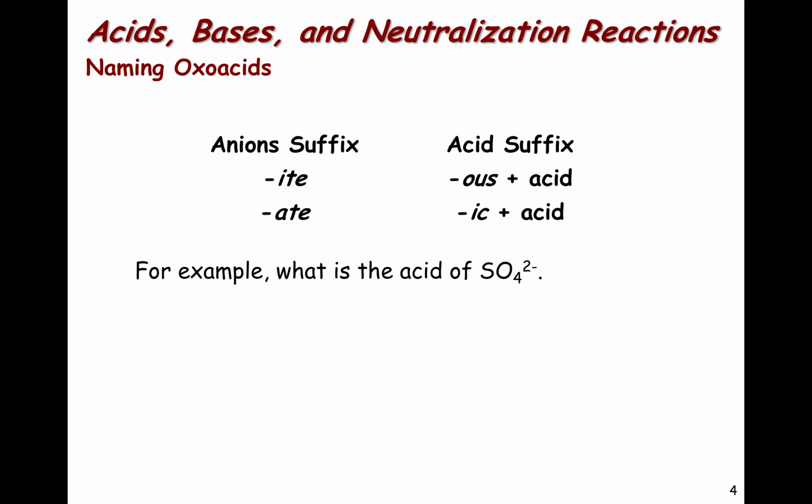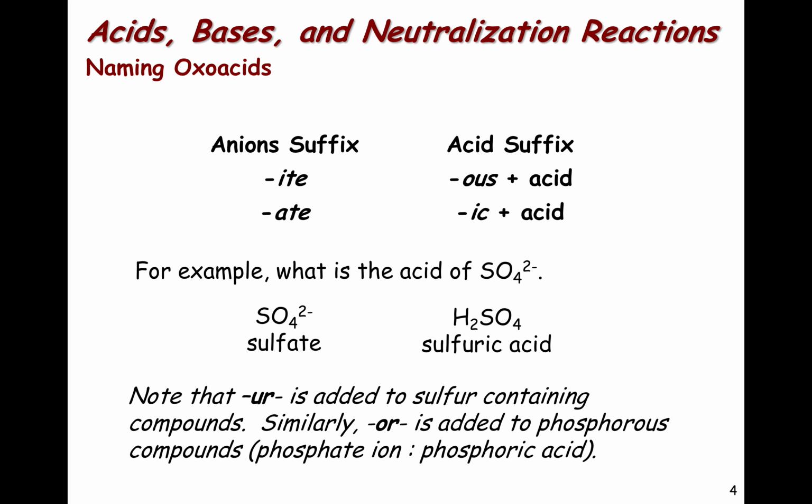As an example of this, if we have the anion SO4 2-, which is sulfate, the corresponding acid is H2SO4, which is sulfuric acid, by replacing the "ate" with "ic" acid.